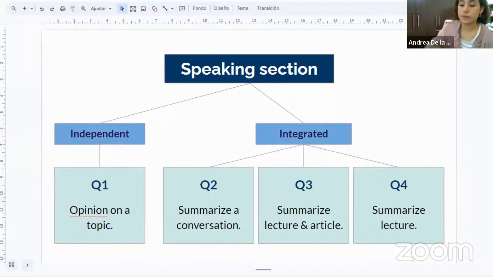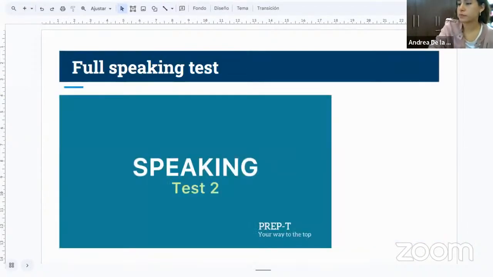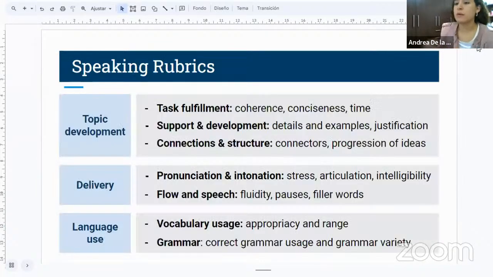Hey guys, now before we start looking at the independent question, I wanted to talk to you guys about the way that they will score or evaluate your speaking section. You need to remember that this is entirely different than reading and listening. Reading and listening is pretty simple. It's automatically scored.